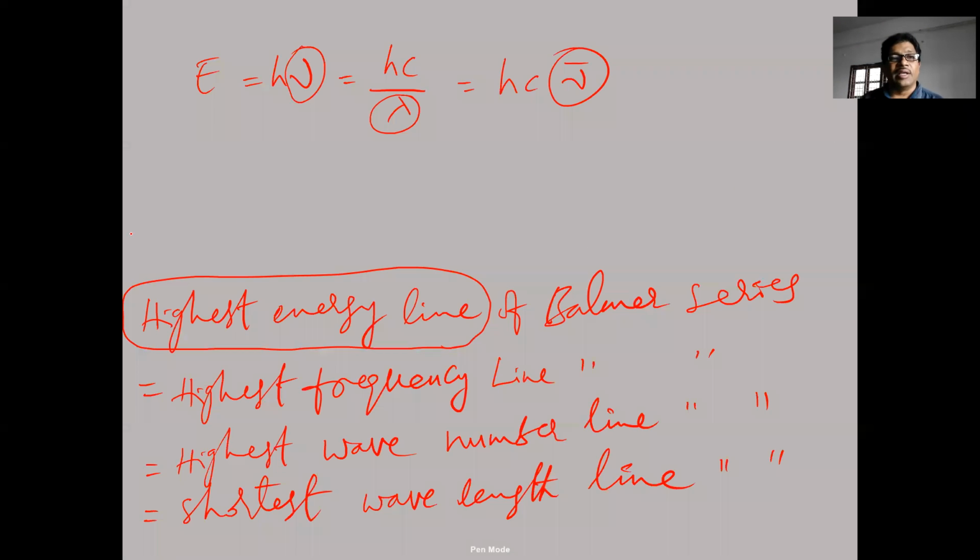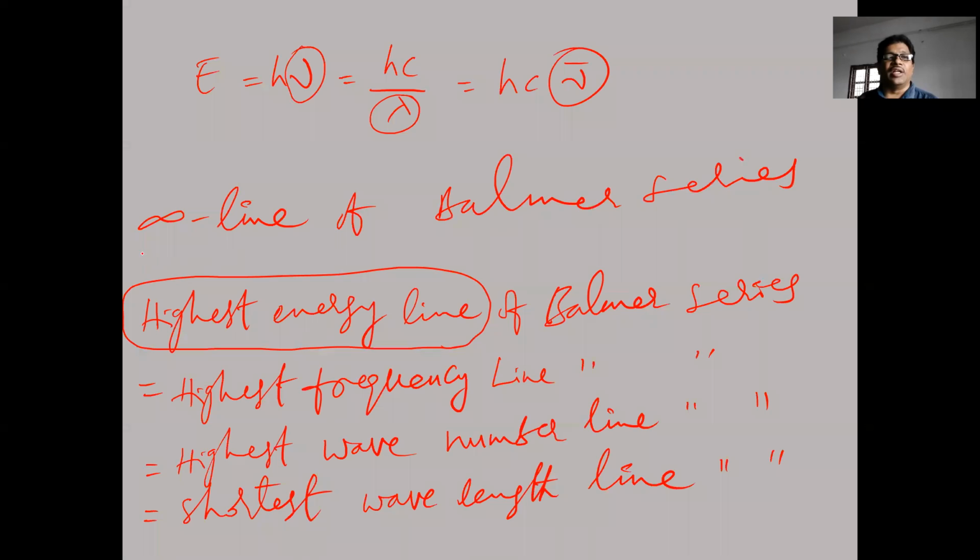The infinity line of the Balmer series. So the infinity line of the Balmer series is nothing but the highest energy line, that is the highest frequency line, the highest wave number line or the shortest wavelength line.